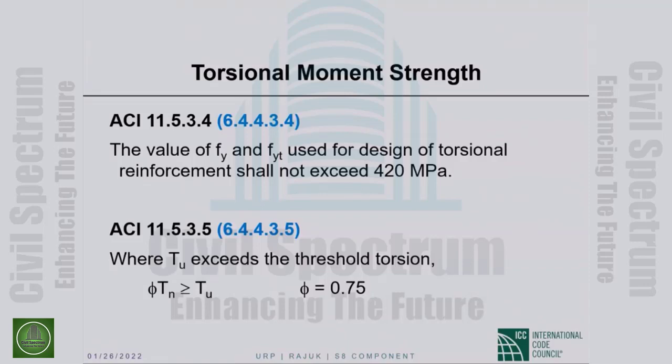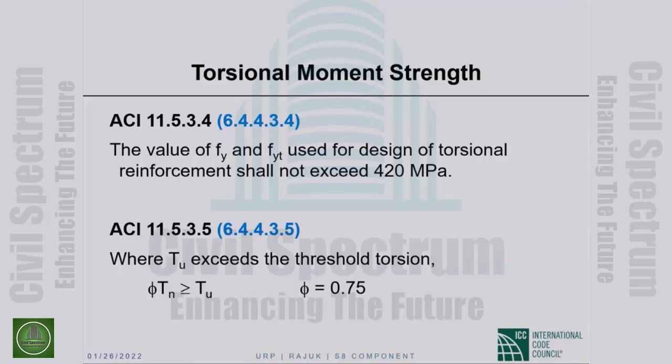In torsional design, we do have this limit. Okay? That is again to avoid unsightly wide cracking. If the yield strength is lower, the stresses are lower, and then the cracking is more controlled.